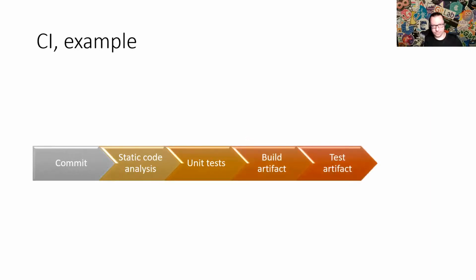We can test this artifact. Imagine, for example, that we are building a Docker container. We can test right now if this container is able to be executed and is stable. And we store this artifact somewhere: Artifactory, S3 bucket, local repository, no matter.